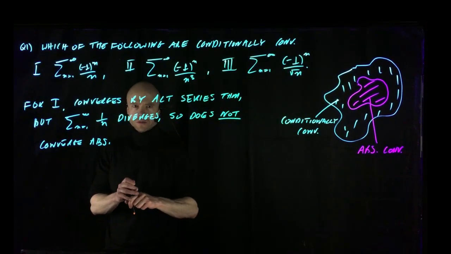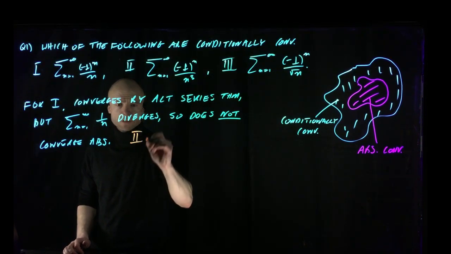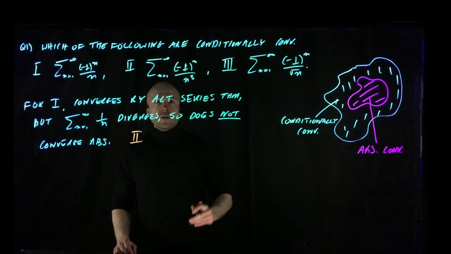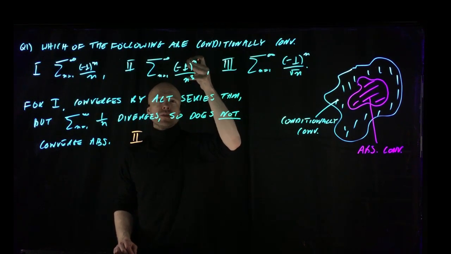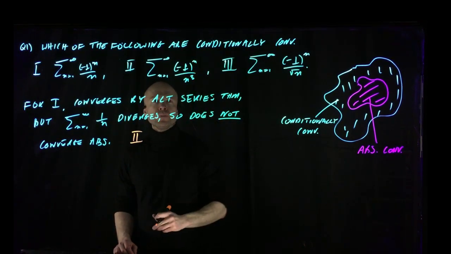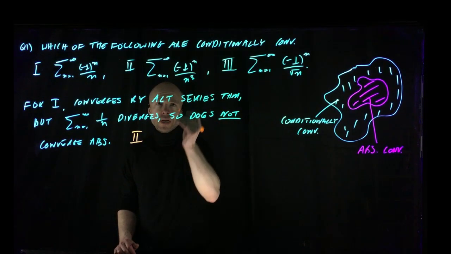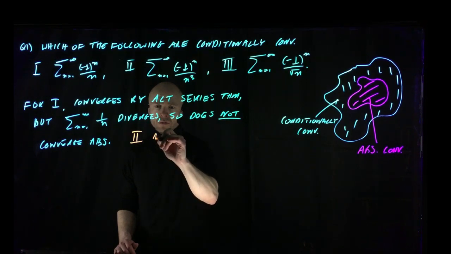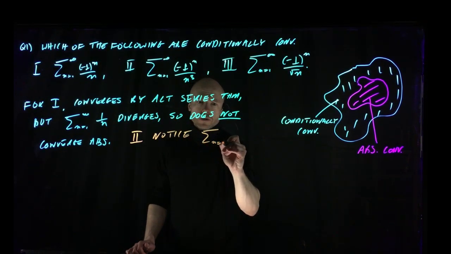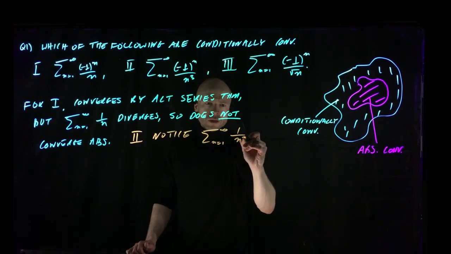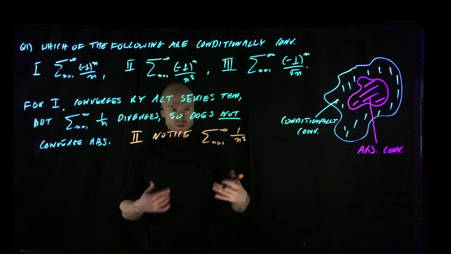Let's do the next example, 2. Again, this guy is definitely going to converge just by the fact it's alternating and the terms are decreasing, and the limit is 0. But if we take the absolute value of these terms, we get this. And sure enough, that will converge. It is going to 0 fast enough. 3 is bigger than 1. So recall the p-test.